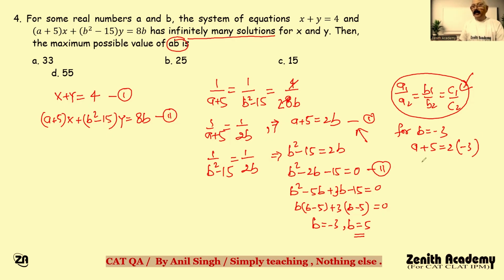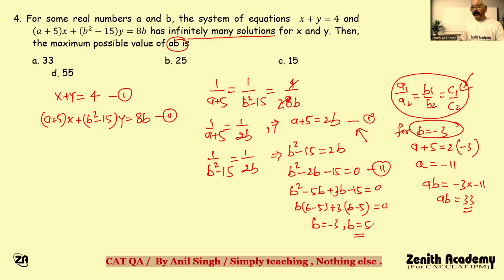So a is minus 6 minus 5, a is minus 11. So the value of a and b is minus 3 into minus 11, which comes to 33. Here the ab is 33 for b is equal to minus 3.